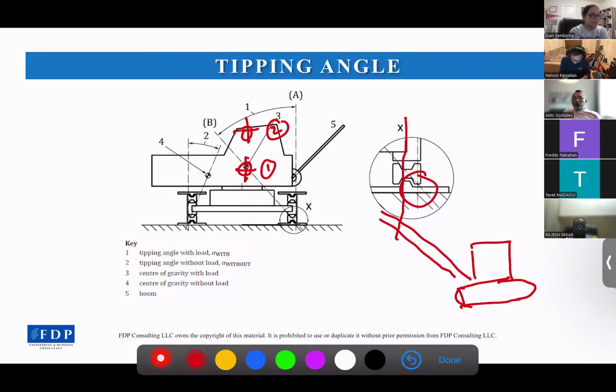This is the boom, and the part line during lifting is like this. There is an angle here. Let's say it's beta. Is it allowed or not? So far, as I know, it's not allowed, right?